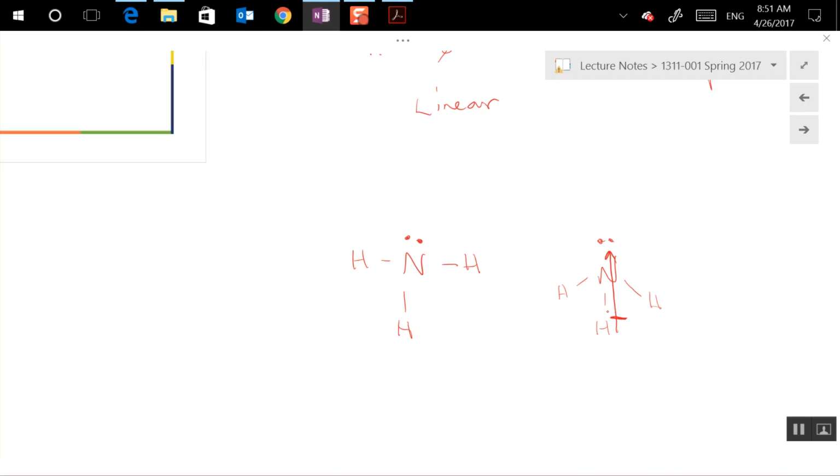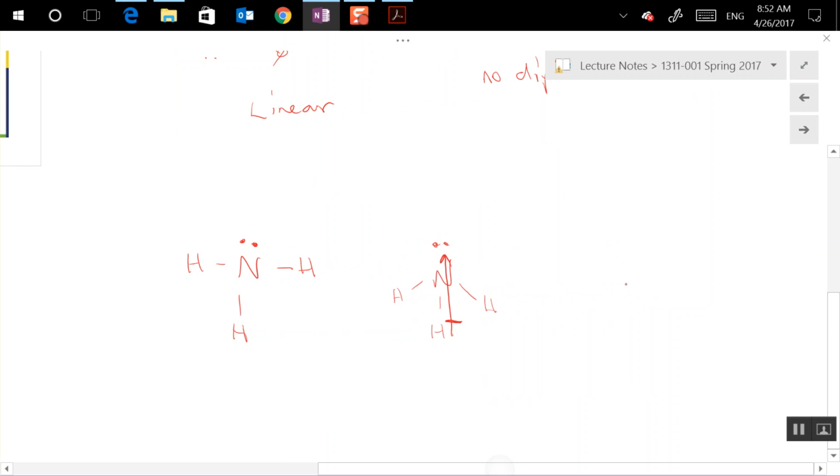One way you can identify a polar molecule from a nonpolar molecule is that it will have a lone pair. A lone pair indicates a dipole moment, or a polar molecule, because it has disrupted the symmetry. So if it was like this, nitrogen, hydrogen, hydrogen, hydrogen, and it was trigonal planar, these hydrogens are all distributed perfectly away from each other.